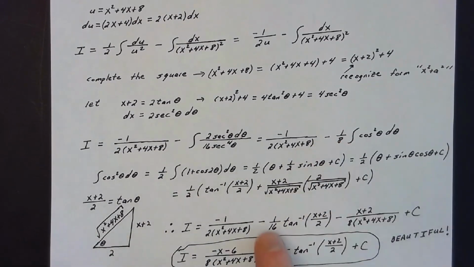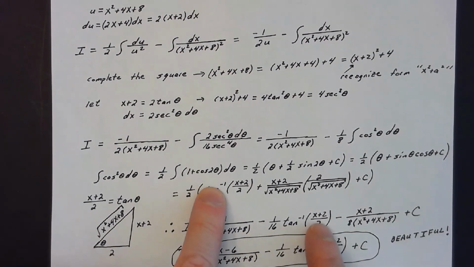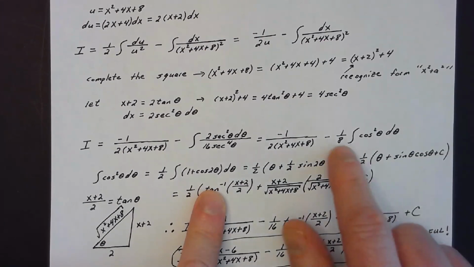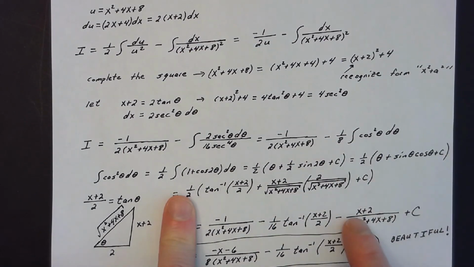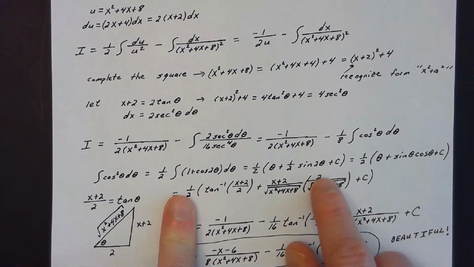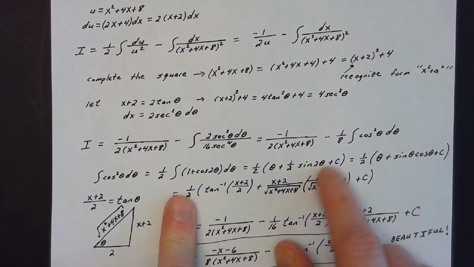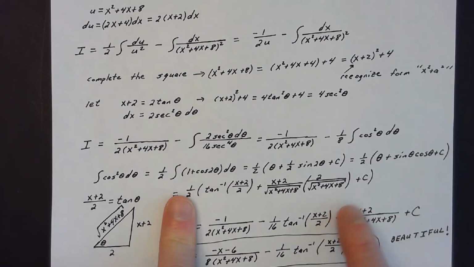So you'll see that's where the minus 1 over 16 inverse tangent of x plus 2 over 2 comes from. And again, the second term would be minus 1 over 8 times 1/2. That'd be minus 1/16. But now that 1/16, I canceled it with a factor of 2 there. And you'll see that's why I have minus 1/8.